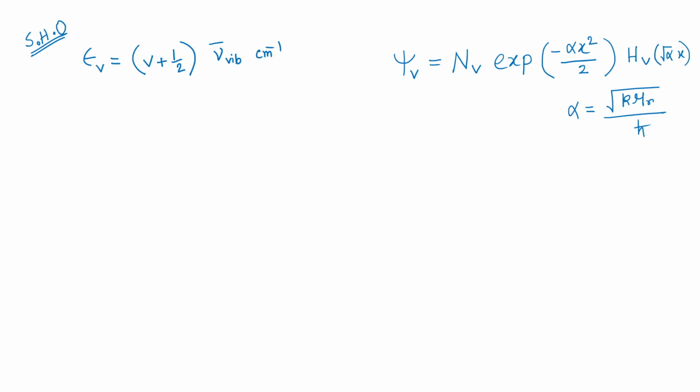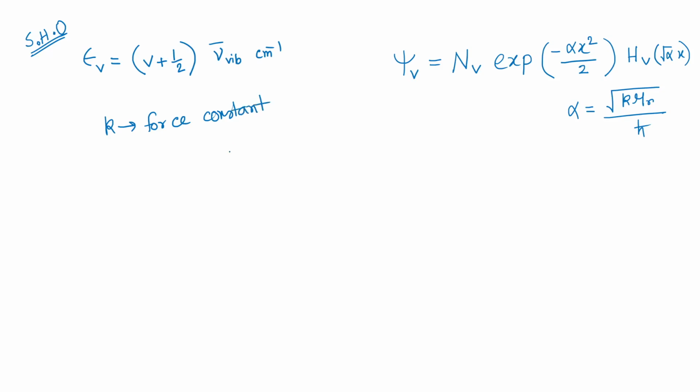So this is what the wave function of a harmonic oscillator will look like. You know the potential energy, that is half kx square, where k is your force constant, right? So I am trying to write down the equations we are going to use for solving the upcoming numerical problems.